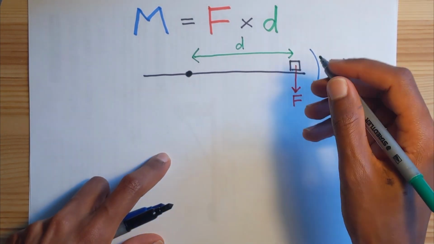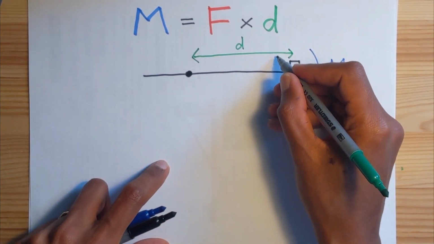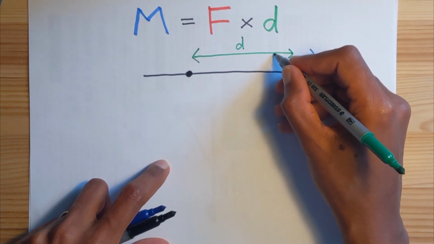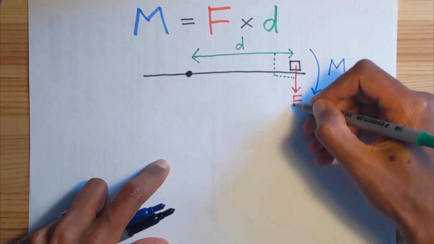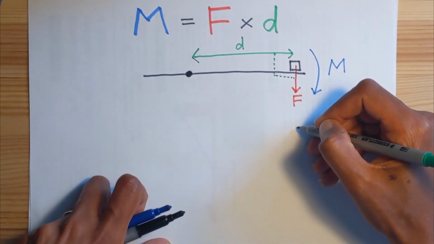Now remember, perpendicular means at right angles, and as you can see, that distance d is at right angles to the line of action of the force.